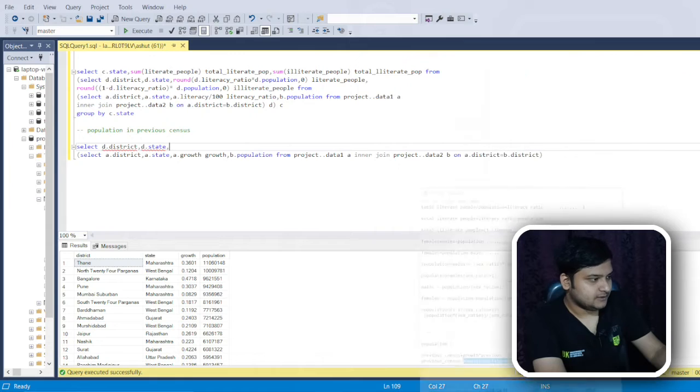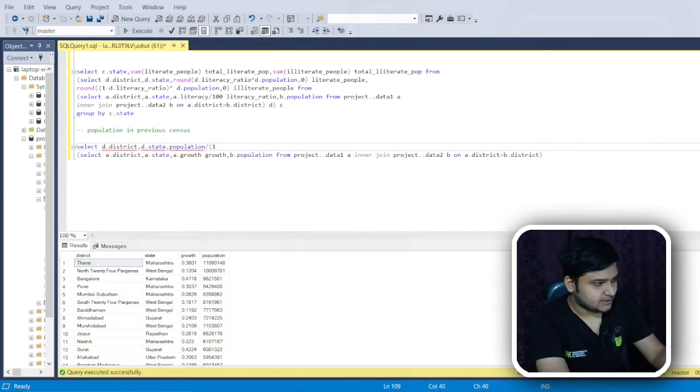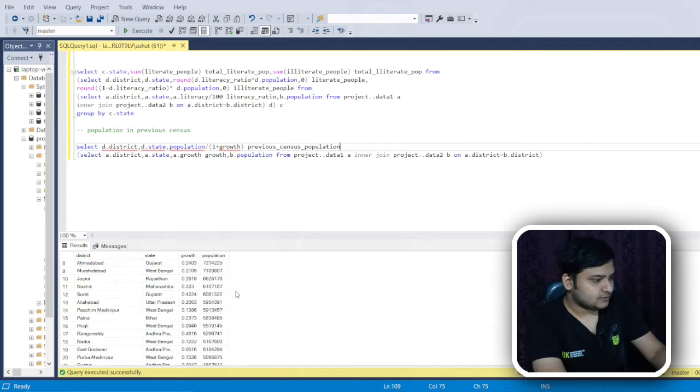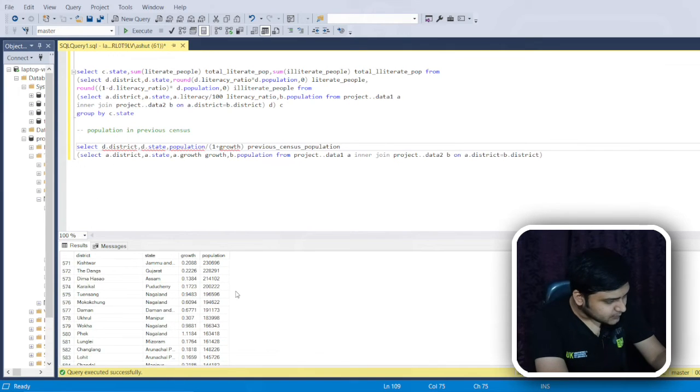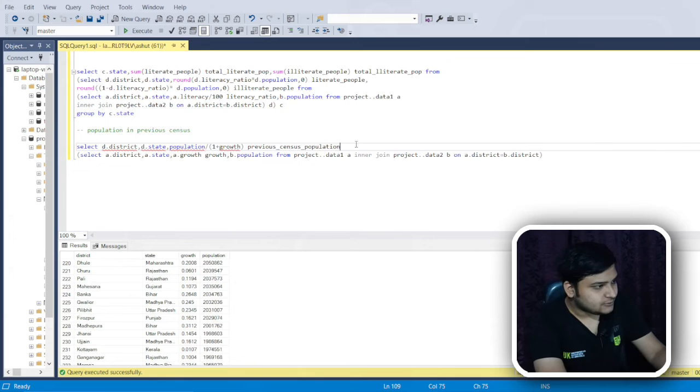We'll need to divide population and we'll divide this by 1 plus growth, and this is the previous census population. Obviously for most of the states the previous census population would be quite less, because you can see most of the growth percentages are positive. For some of the states the growth percentage would be negative as well. So we'll see that also.